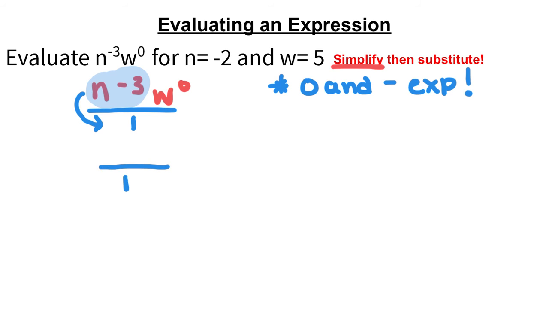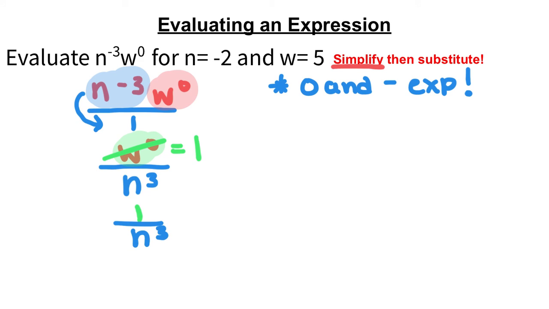So it'll become over n to the third, and this w to the 0 is just going to stay on the top. The other thing we know is whenever we have a 0 exponent, like we have here, this really is just equal to 1.